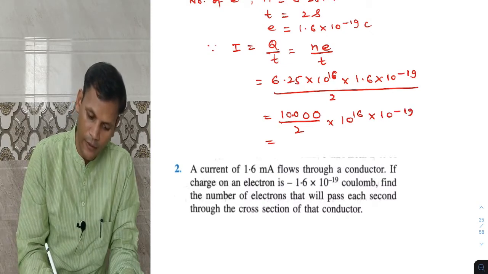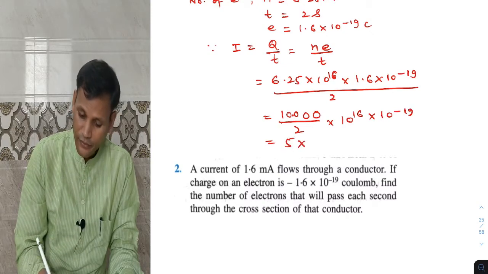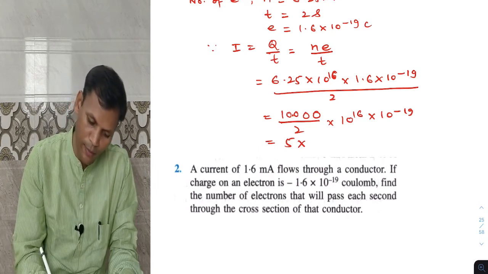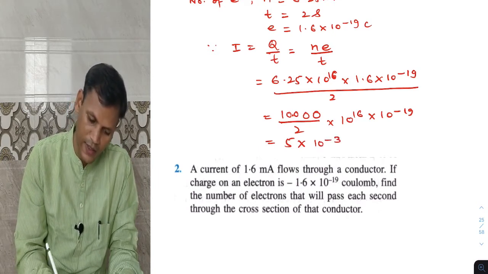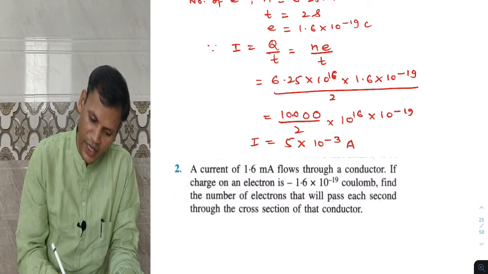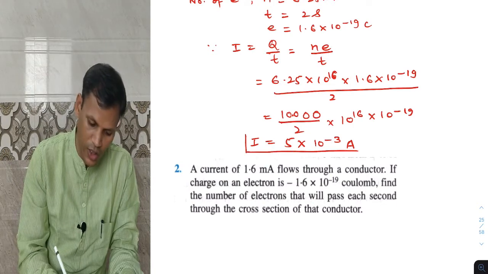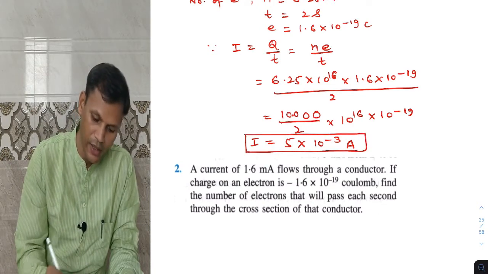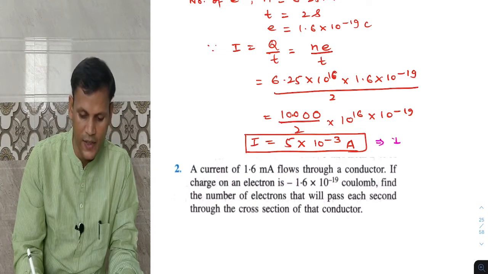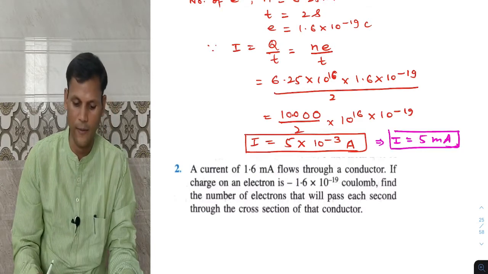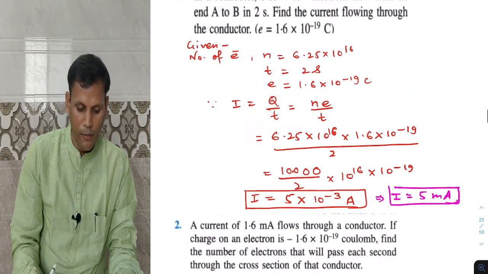So it will be 5 into 10 raised to minus 3, since 19 minus 16 is 3. The unit of current is ampere, so that is the answer. If we wish to write it in milliampere, then I equals 5 milliampere. This is also the answer. So we complete the first sum.